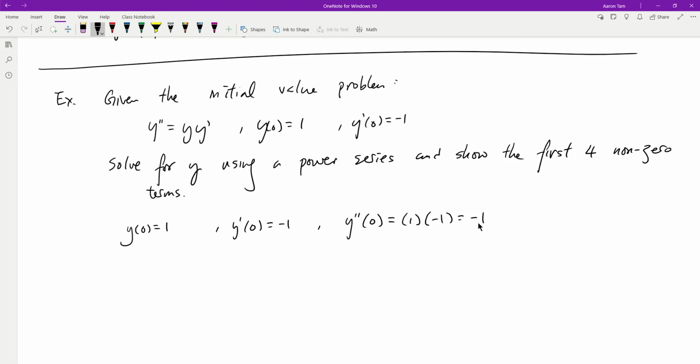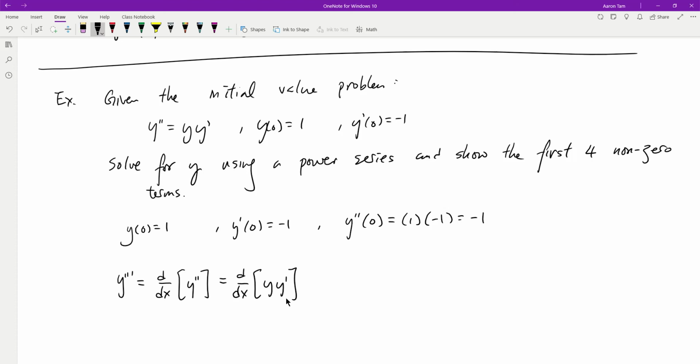So to form the first 4 non-zero terms, all I need to do is one more. So we're going to do y triple prime. So y triple prime would be when you take the derivative of y double prime. And that means you are basically taking the derivative of y prime.